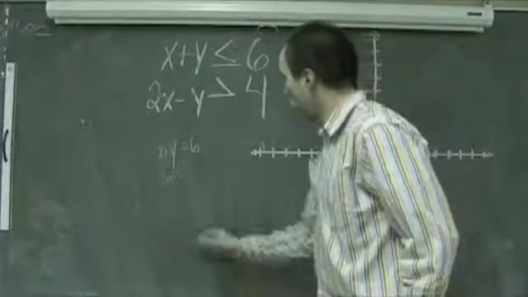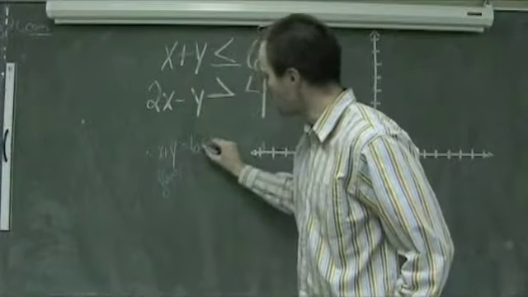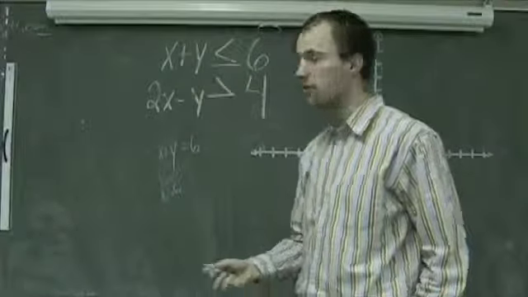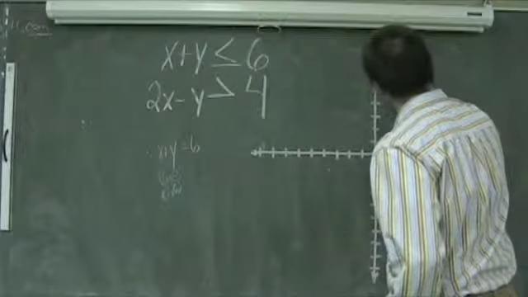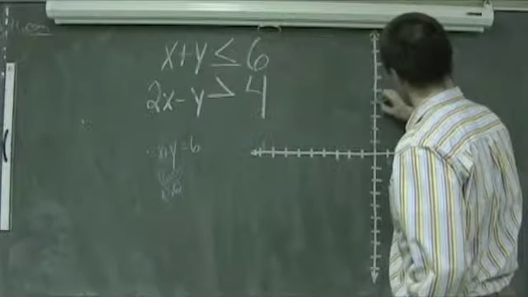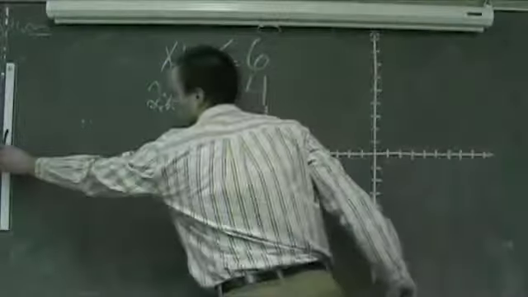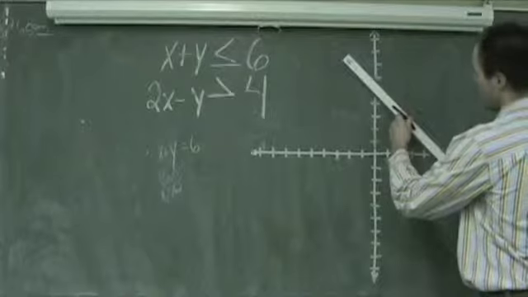Substituting 0 for x, I have y is equal to 6, so the point (0, 6) is also on this graph, up here at 1, 2, 3, 4, 5, 6. With 2 points on this graph, I can quick draw my line.